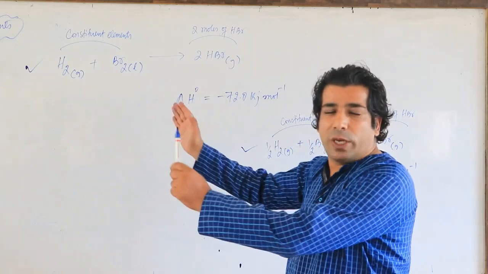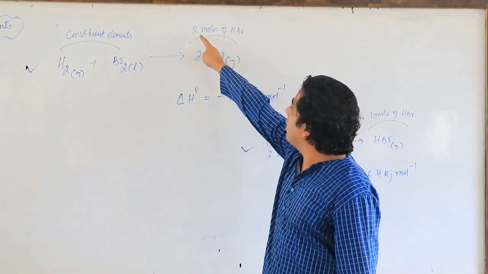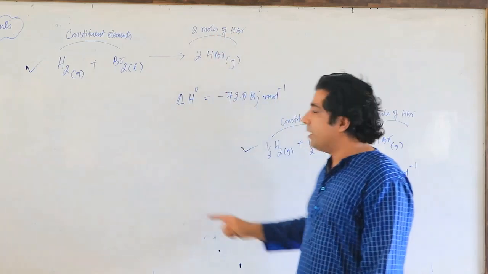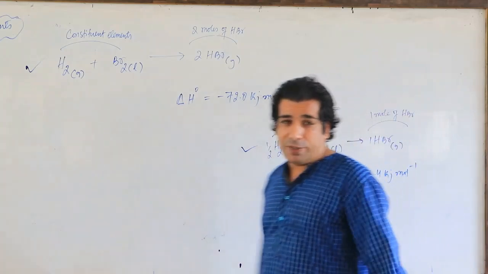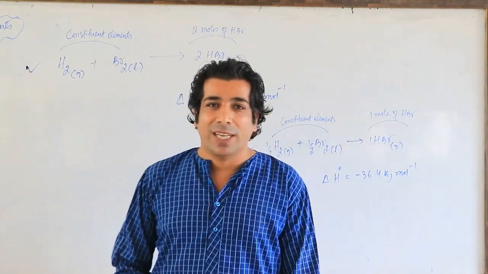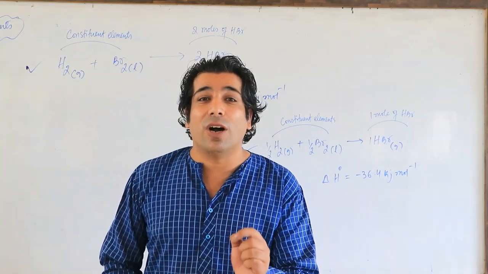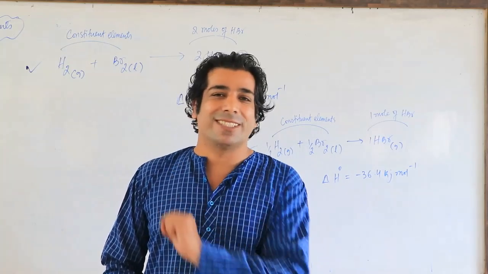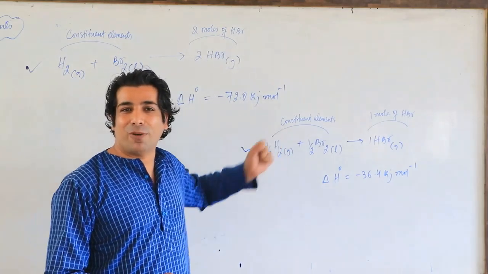In the first one I am getting 2 moles of HBr, but in the second one I am getting 1 mole of HBr. And I told you the definition of enthalpy of formation: the formation of 1 mole of a substance or compound. In which reaction is 1 mole of a compound formed?